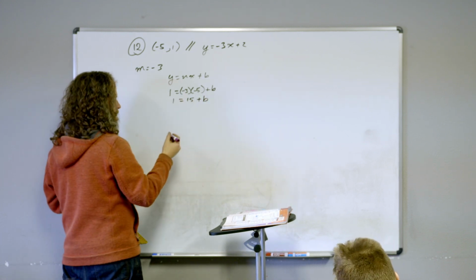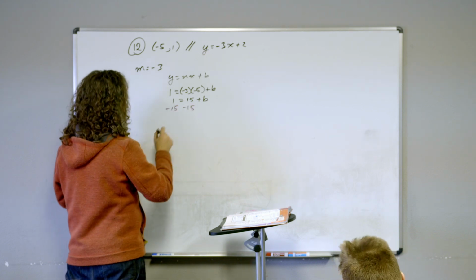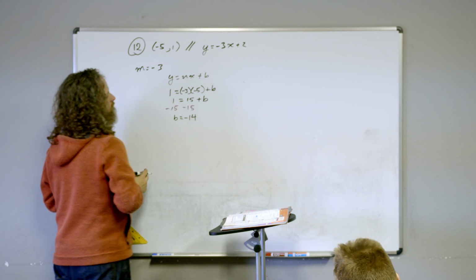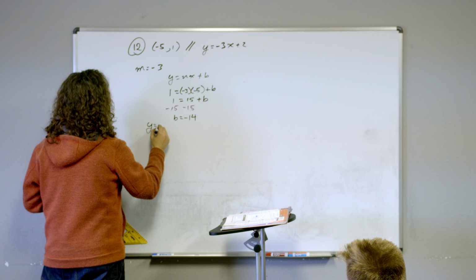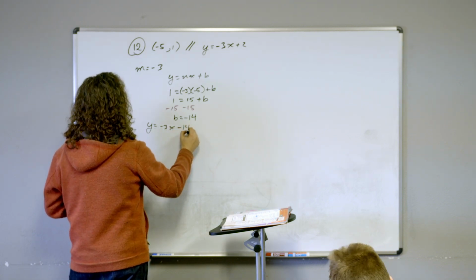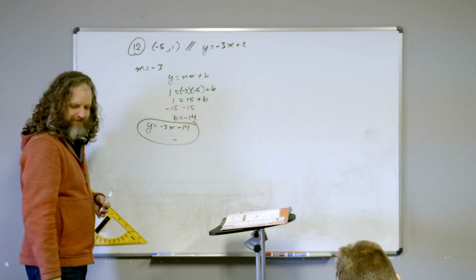Then subtract 15, which is negative 14. And writing the equation, our answer is y equals negative 3x minus 14.